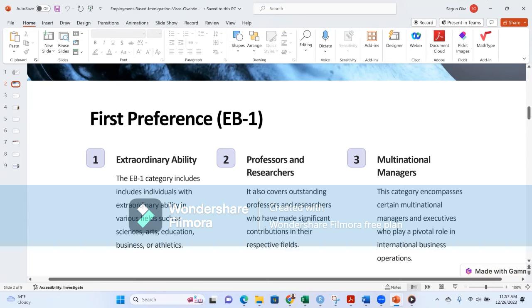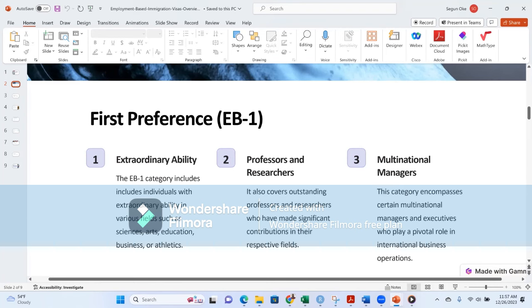In category 2, we have professors, and people with a PhD or master's can also be in this category. Even if you have a first degree with a lot of work experience, there is a way the lawyers can be of help in this case.